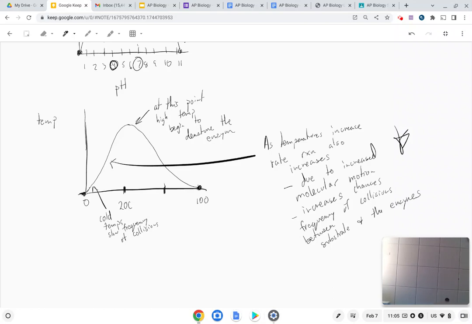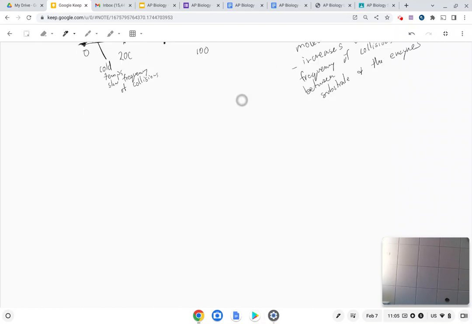Okay, so next we'll look at the substrate concentration. Now for this particular factor, this would be like if you had a really high concentration of the reactant. So a high concentration of hydrogen peroxide, let's say.